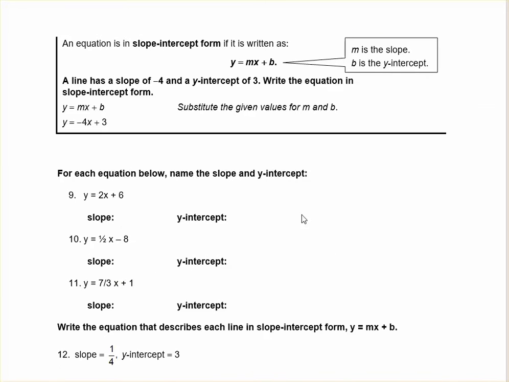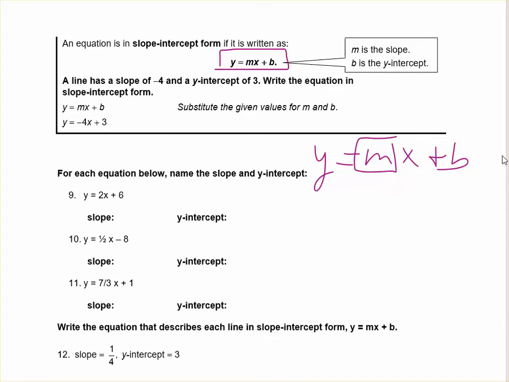All right, numbers 9, 10, and 11, you're just going to name the slope and y-intercept from the equation. So if you take the slope and put it before the x and then add the y-intercept at the end, this is called slope-intercept form of a line. So in y equals mx plus b, the slope is the number written in front of the x.